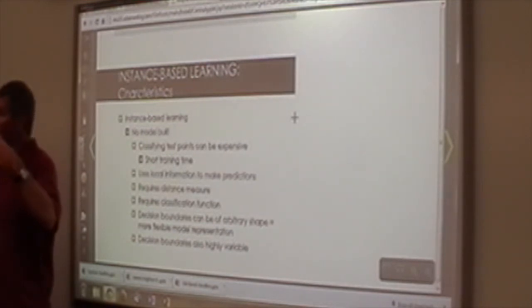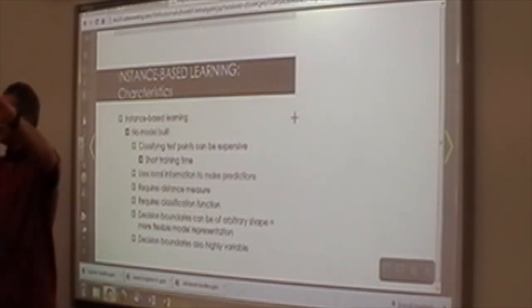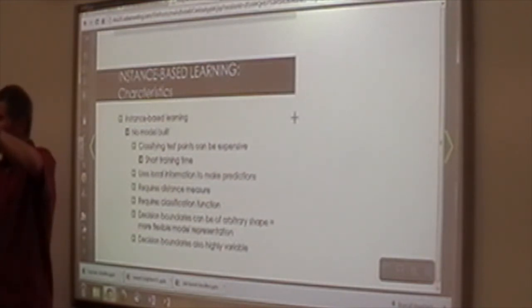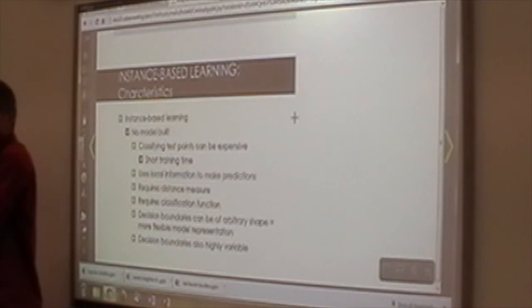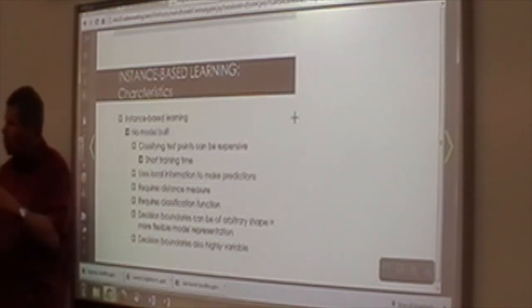If you think of rule-based classifiers, you're actually creating a model, and then once you get a test instance, a test example, a test point, you just plug those attributes into your model to get your classification directly from the model. Instead, what we're doing is looking locally to make our decisions.